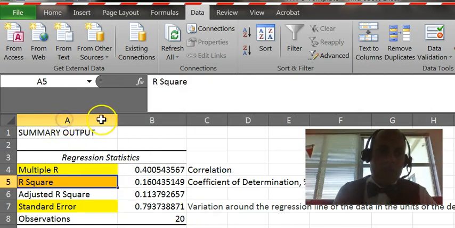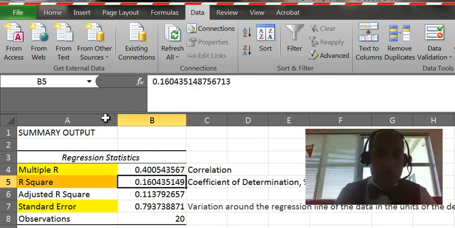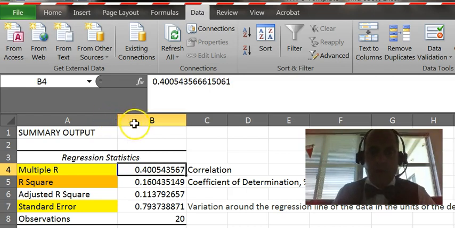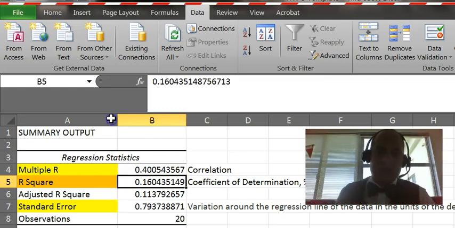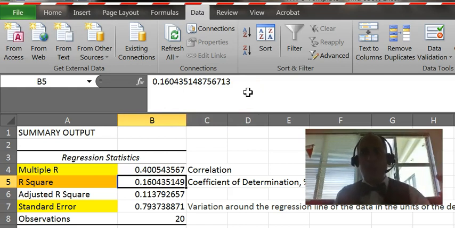Now, it also gives you this R square, which is this number squared. This is also called your coefficient of determination. It's also the way you interpret it as the percentage of variance accounted for in the dependent variable by your independent variable. That's a mouthful. So in this case, using this data, it says there's 16%, 0.16, of the variance in the number of orders can be accounted for by the cost of money spent in thousands in advertising, to put that in context.